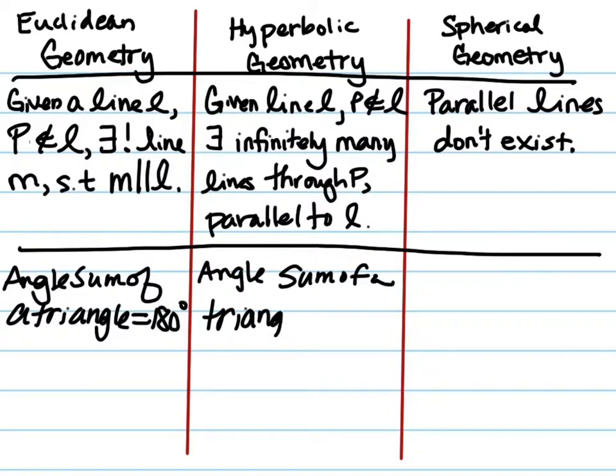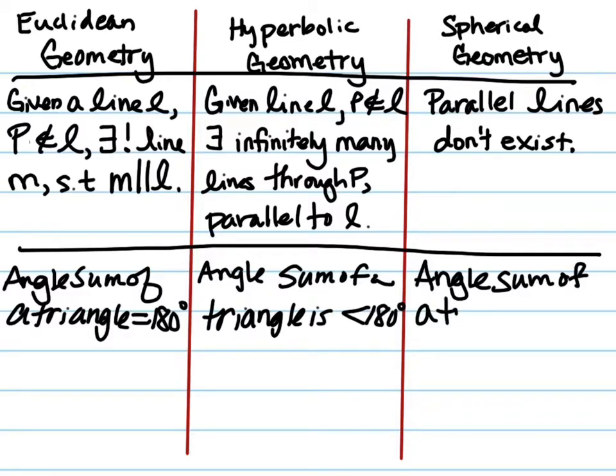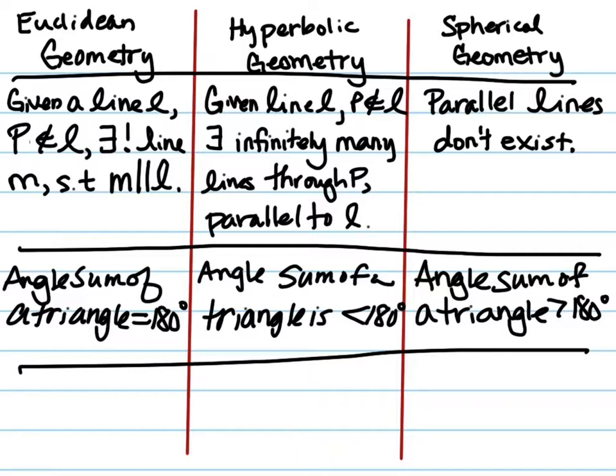The angle sum of a triangle is less than 180 degrees. And in spherical geometry, yep, the angle sum of a triangle is greater than 180 degrees.